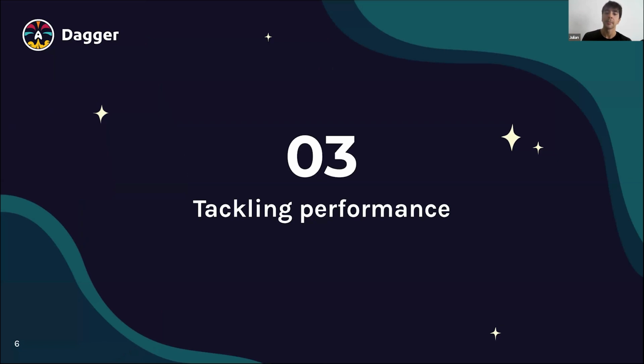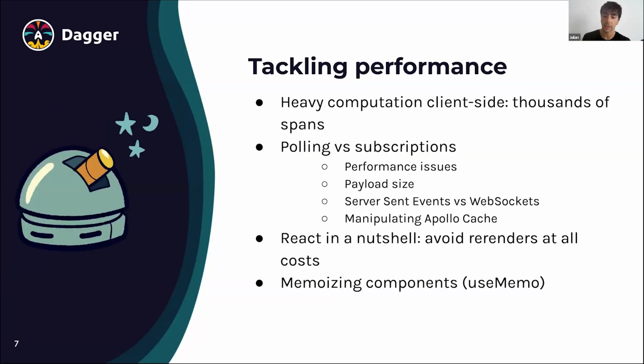in Cloud. There was a problem though, which is that Dagger Cloud currently ingests a lot of OpenTelemetry. Whenever you execute any kind of function, you're going to emit a lot of what in OpenTelemetry is called spans.